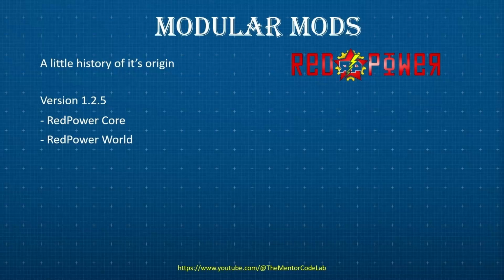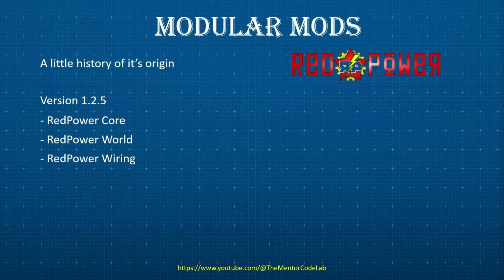Then she published Red Power World. Now World was responsible for making those ores generate in the world, and also a nice thing to have in the world in the name of a volcano, which was a mountain with lava coming out from the top and flowing down. Other than these, Red Power World had no other functionality.